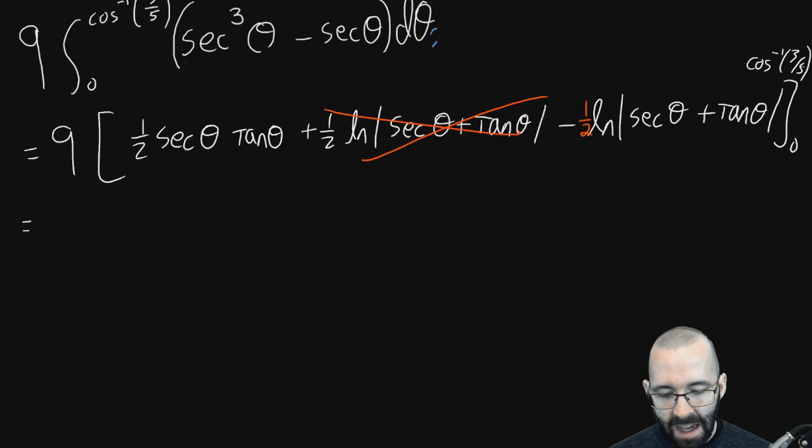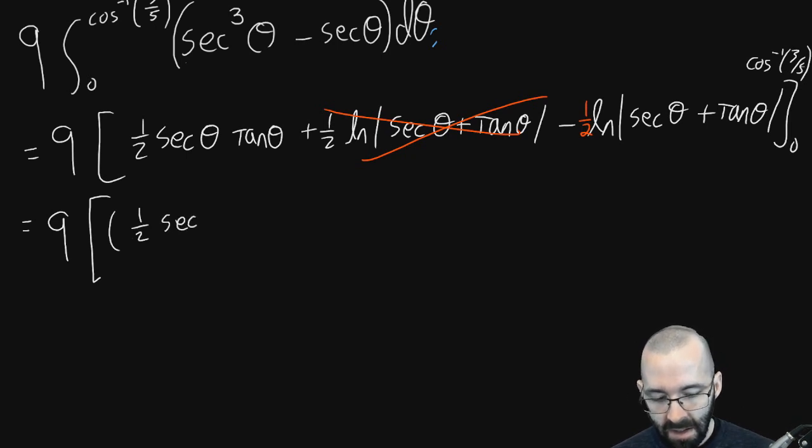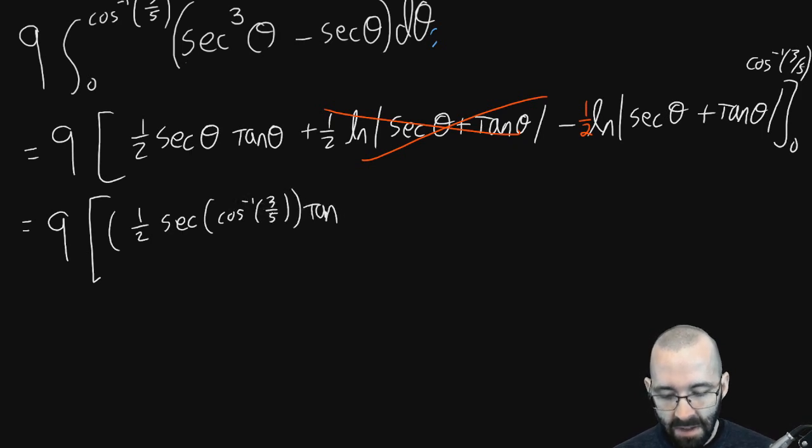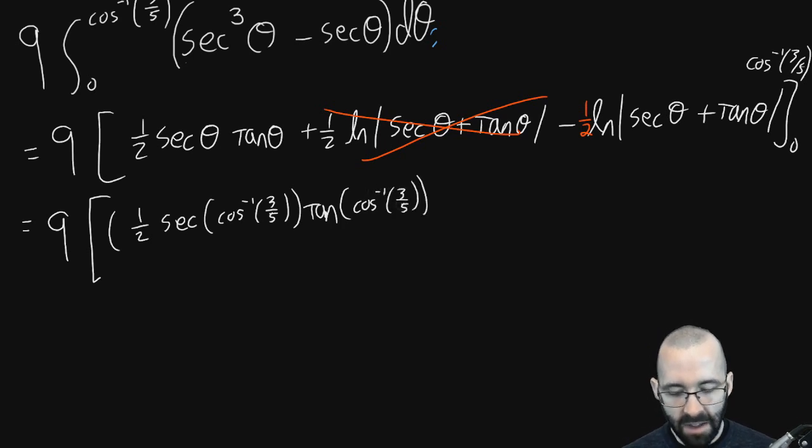So what we're going to have is, it's still some headache. We have 9 times the first guy, which is 1/2 secant of cosine inverse of 3/5 times tangent of cosine inverse of 3/5. These aren't going to be as bad as they look if you remember your pre-calc.